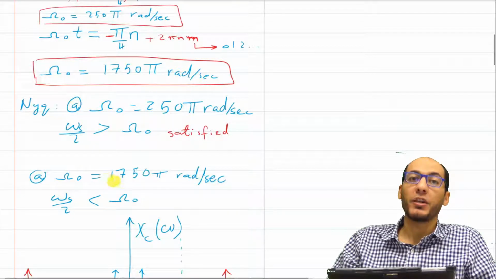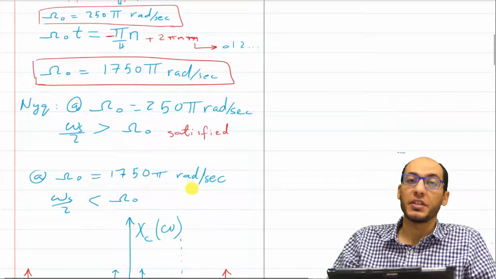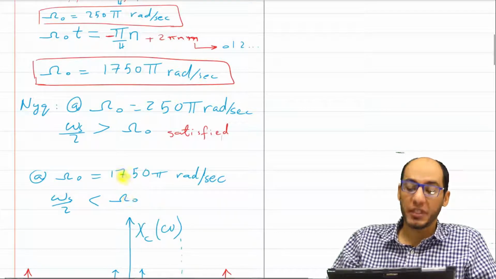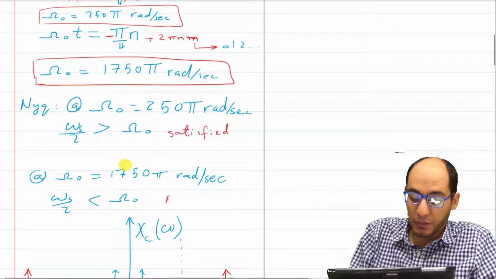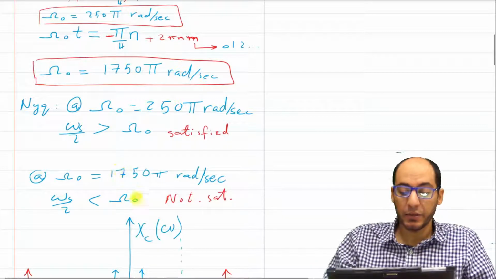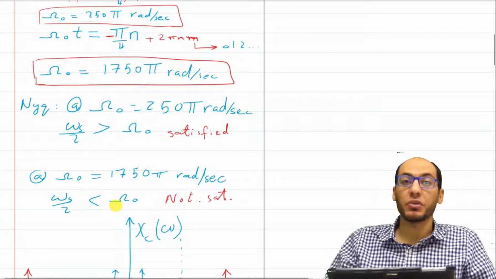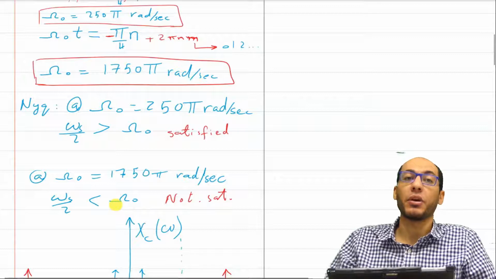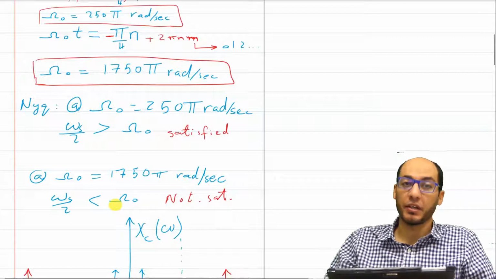the signal is not going to be distorted. On the other hand, if you feed it with omega naught of 1750 pi radians per second, omega s, the sampling frequency, is much less than omega naught, which means that Nyquist has not been satisfied, which means that the signal is going to be distorted. You cannot reconstruct the signal back again.